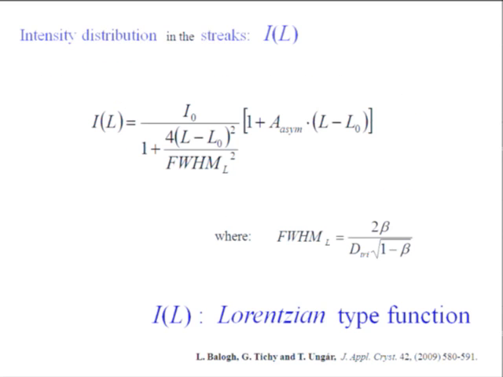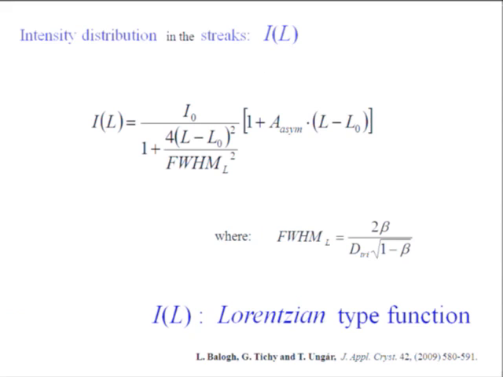And using this, there is a long calculation, but at the end you end up with this intensity distribution in reciprocal space along the L variable, that is the streaking line. The symmetric profile is given by the term with the number 1, and the asymmetry is given by this term in this sum. But the main point is that this is a Lorentzian type function.